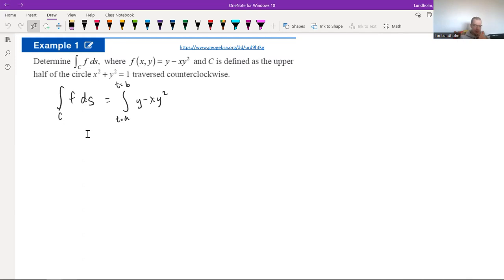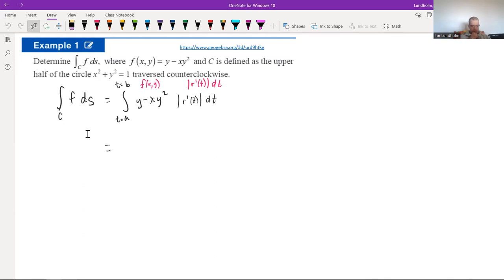Right now I would call this f of xy, but we're going to want to write f of r of t in the next step. And then this next part, we're going to look at r prime of t dt. Right now we'll just leave that like that, and we're going to fill it in the next part.